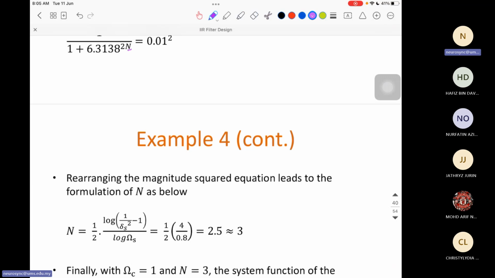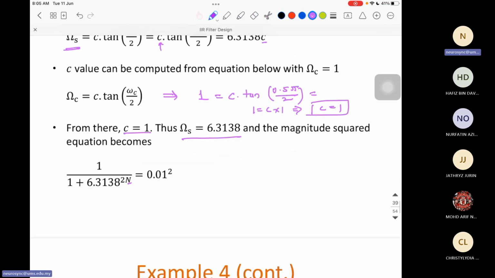With this relation. What you will do here: 1 divided by 0.01 squared is equal to 1 plus 6.3138 to the power 2N. So you can subtract 1 here and you will get 6.3138 to the power 2N.